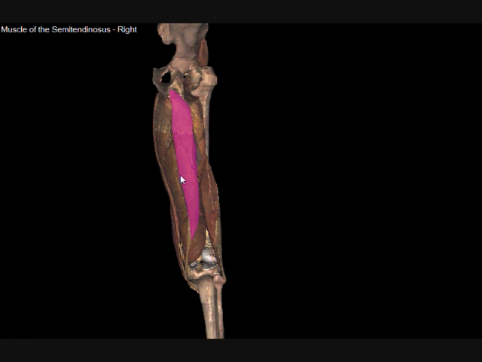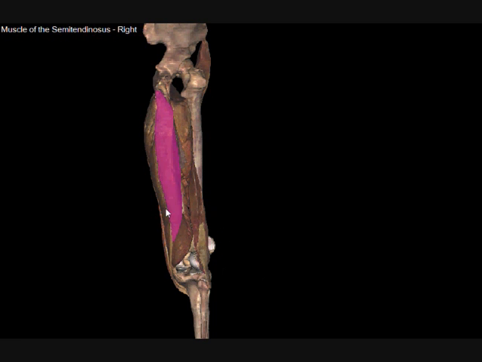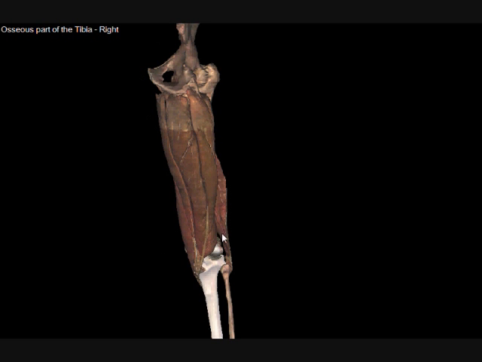It passes downwards on the semimembranosus muscle, which lies underneath it, and then passes behind the medial aspect of the knee to insert onto the upper medial surface of the shaft of the tibia, with the other tendons of the pes anserinus.